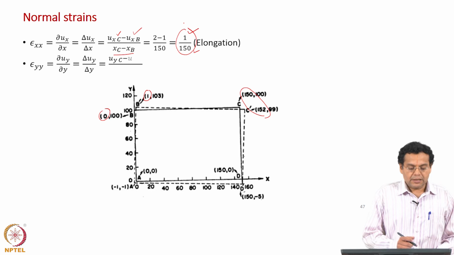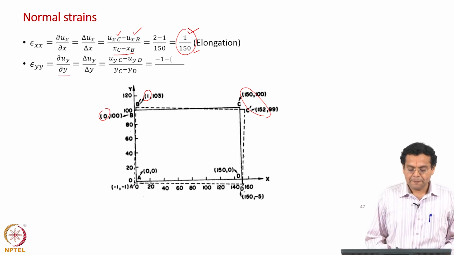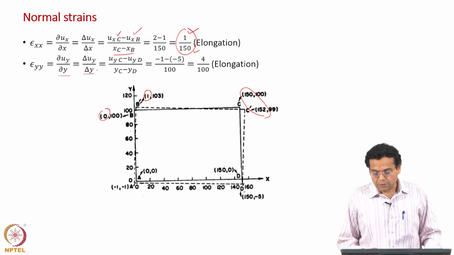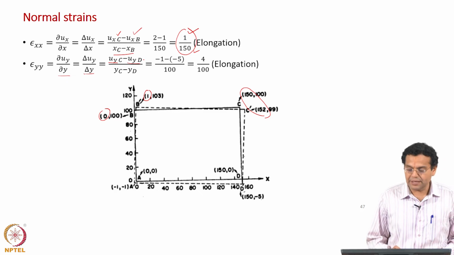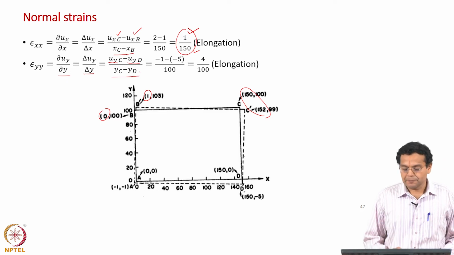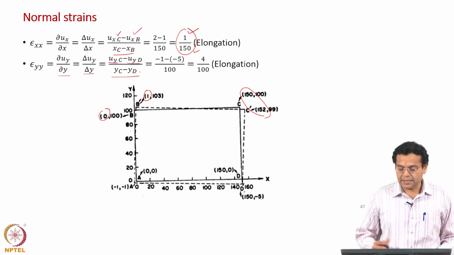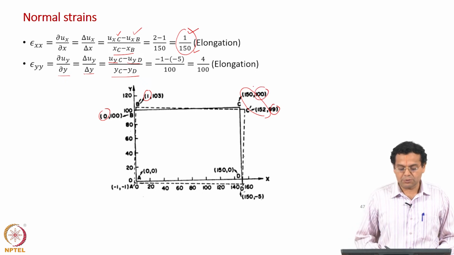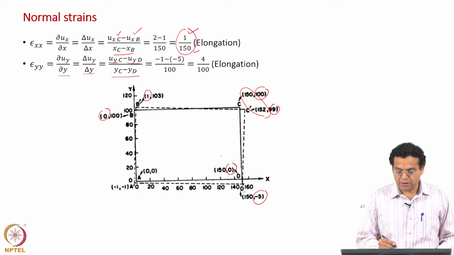Now, we have seen the expression for epsilon yy as dou uy by dou y, and of course delta uy by delta y. We are considering particles along the y direction, looking at their y displacement. So, uy of C minus uy of D, and the vertical distance between them. The vertical displacement of C is the difference in the y coordinate, so 99 minus 100, so minus 1, and for particle D it is minus 5 minus 0, so minus 5.